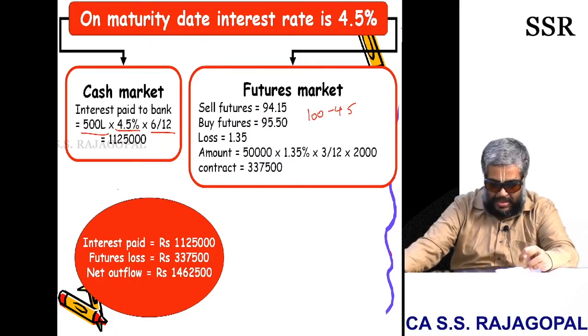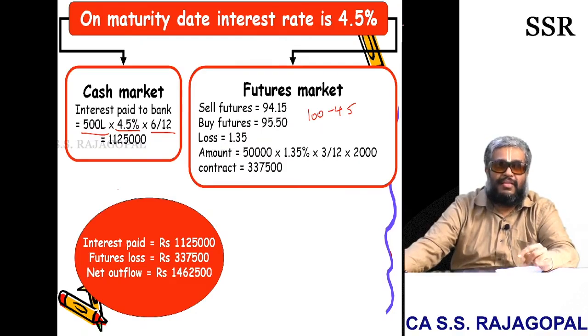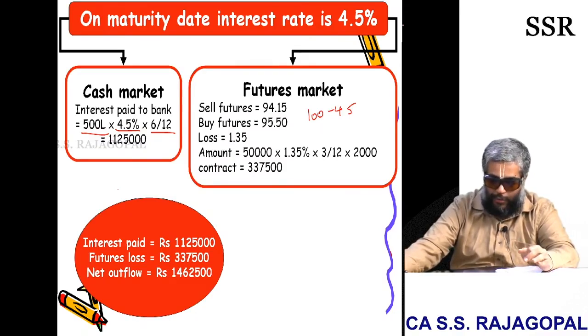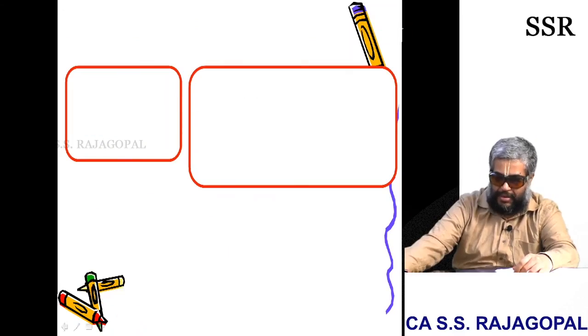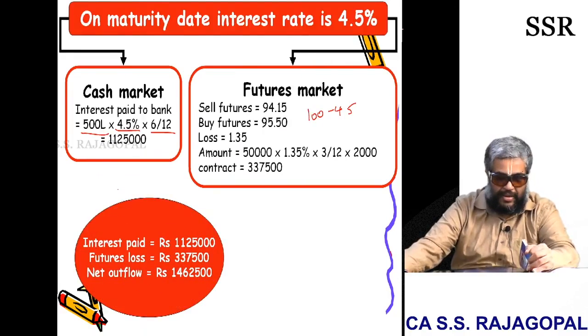Interest paid 11,25,000. Futures loss 3,37,500. Total outflow is 14,62,500. All of you understanding?